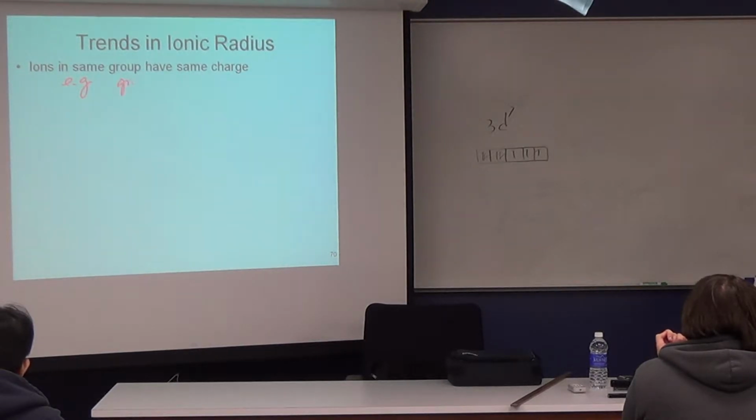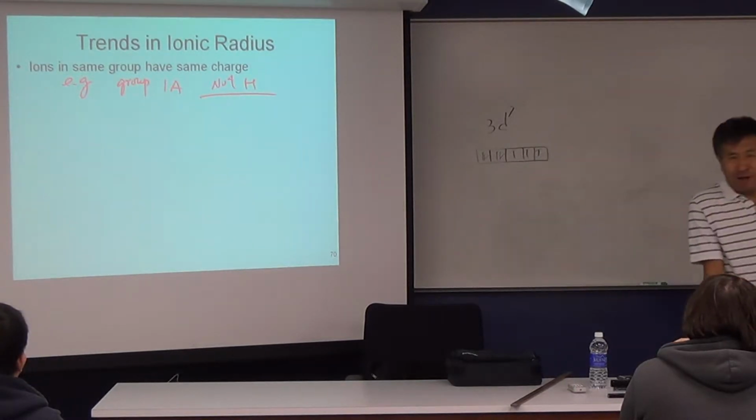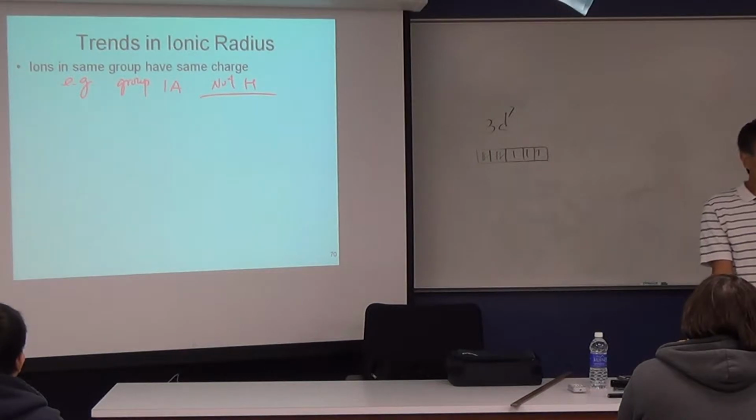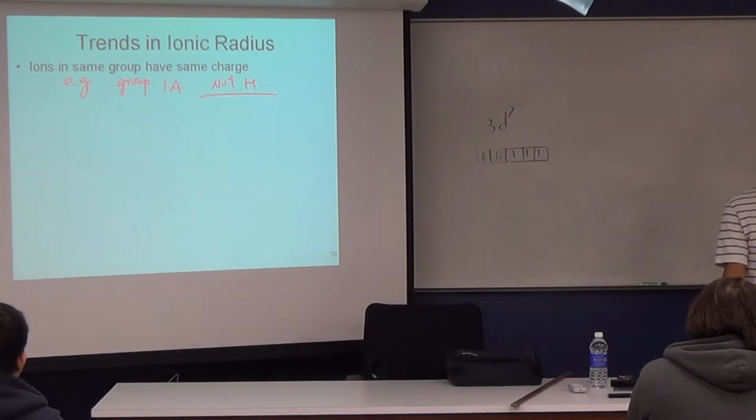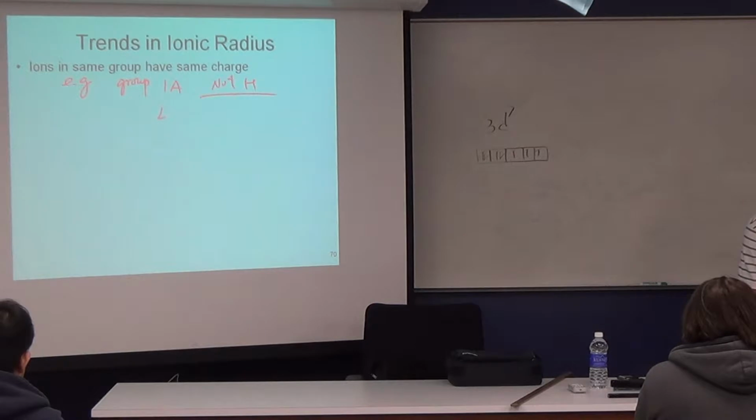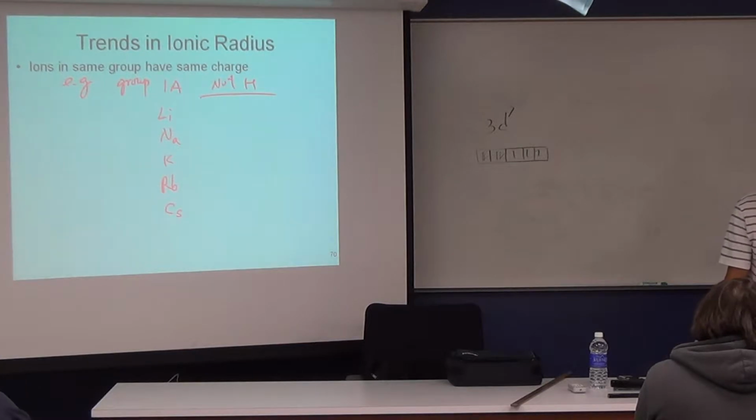Let's see group 1A, not H. I emphasize, even though H is on the top of group 1A, we don't call H group 1A. The first one is Li, then sodium, then potassium, then rubidium, and then cesium. So what is the charge for this group 1A?